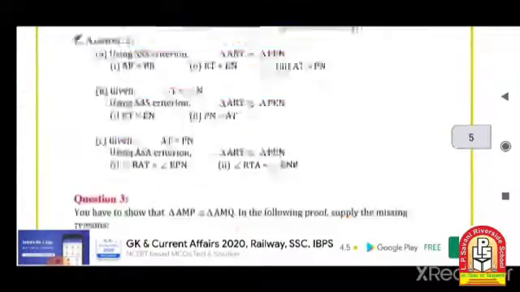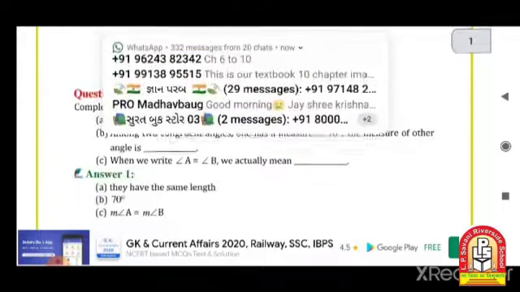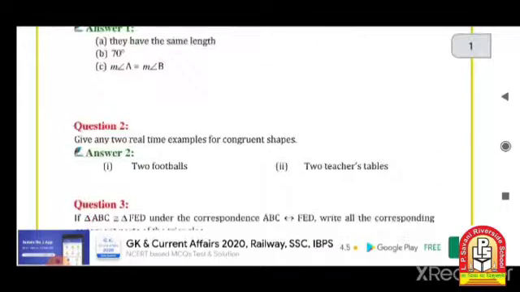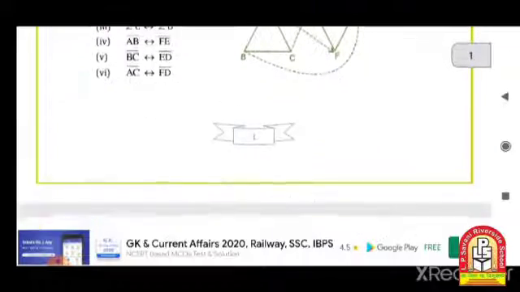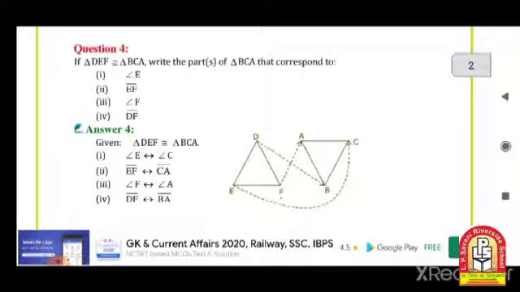Let's see some examples of 7.1. Give any two real-time examples. The third example we have already completed. In the fourth example, if triangle DEF is congruent to BCA, write the parts of triangle BCA corresponding to the first.